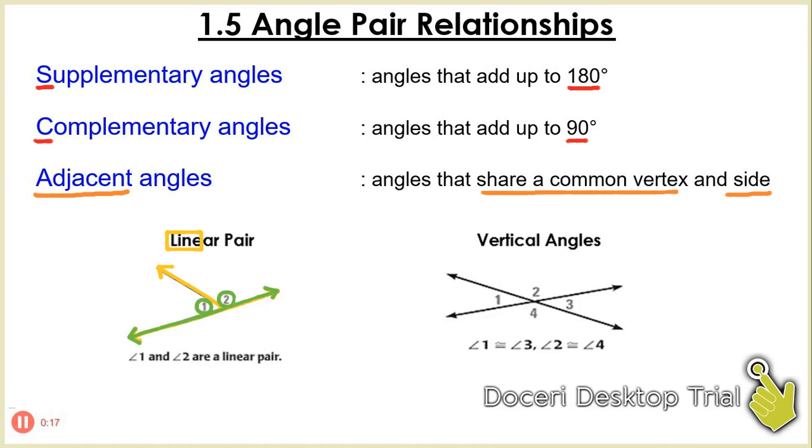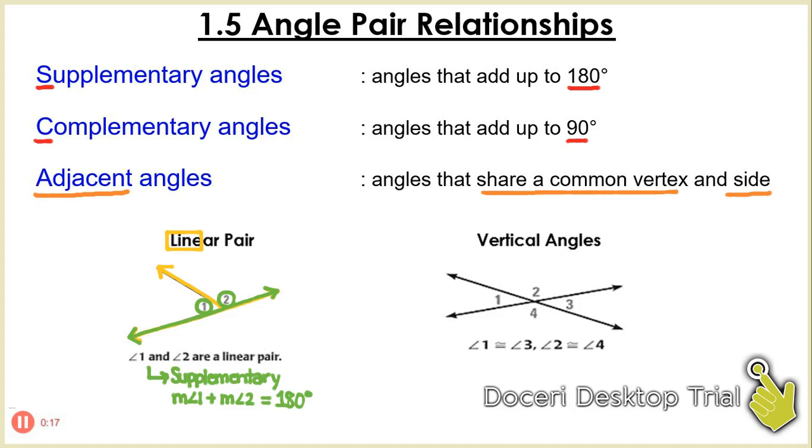What we know about that then is that since they form a straight line, they are also a straight angle, which then means that if you have a linear pair, those two angles are also known as supplementary angles. So I also know then that since they're supplementary, the measure of angle 1 plus the measure of angle 2 would add up to be 180.